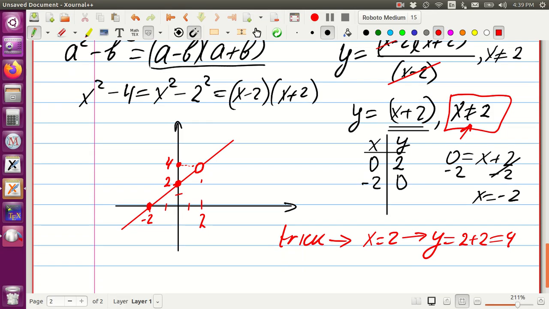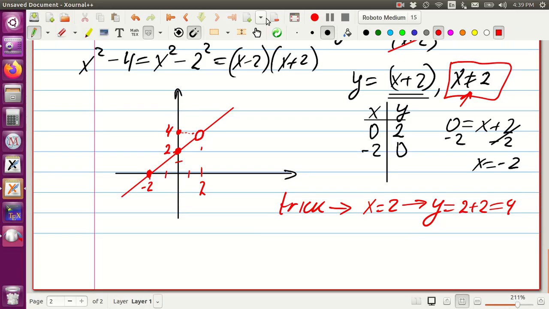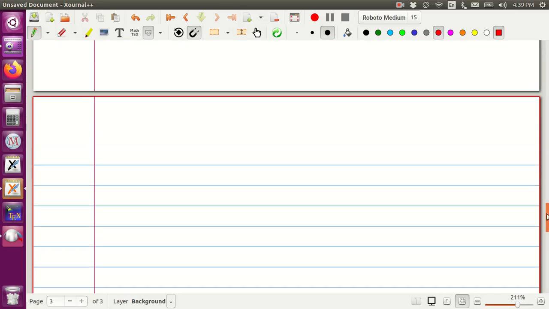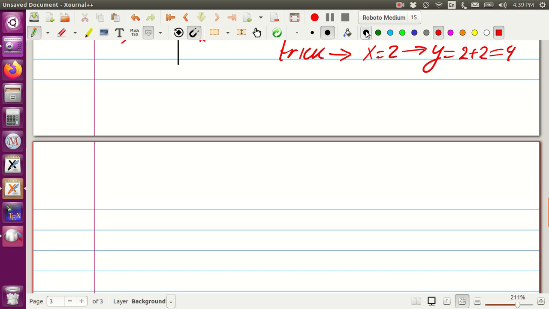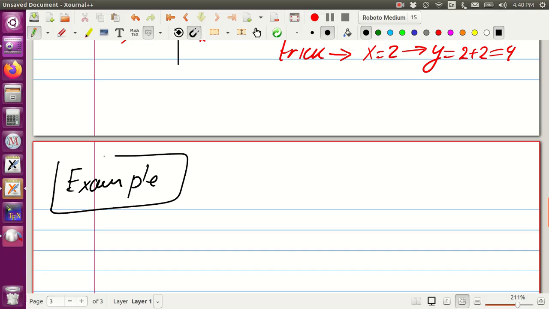Okay, so we're moving on to a more complicated example. In this example, we're going to sketch something like an absolute value function, but let's see, I'm trying not to get ahead of myself.